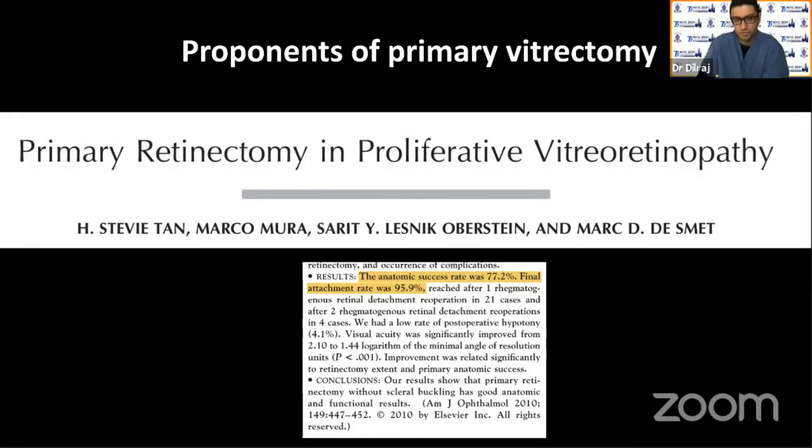I usually reserve a retinectomy in cases where there has been reproliferation and recurrent detachment after primary surgery. But there may be some argument that if there is too much intrinsic contraction, then an early retinectomy that is performed more peripherally does lead to good outcomes because you're able to salvage more of the retina as you're going more peripheral, and you are able to arrest the proliferative process early on.